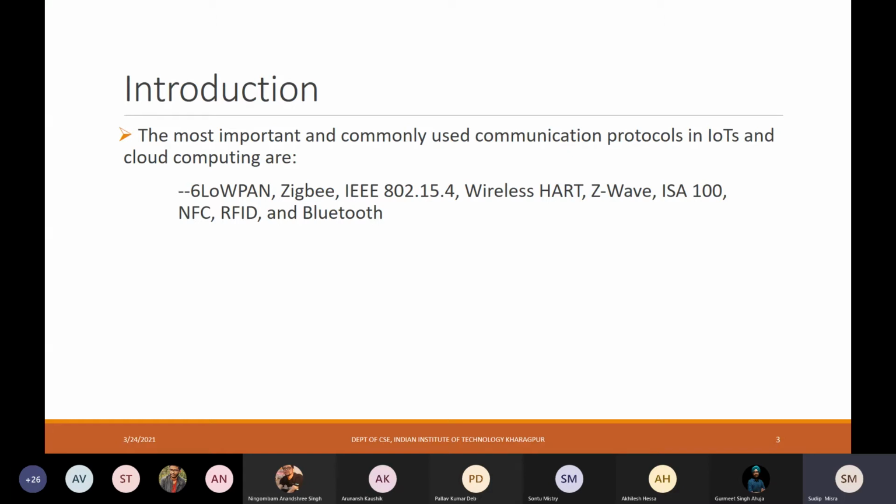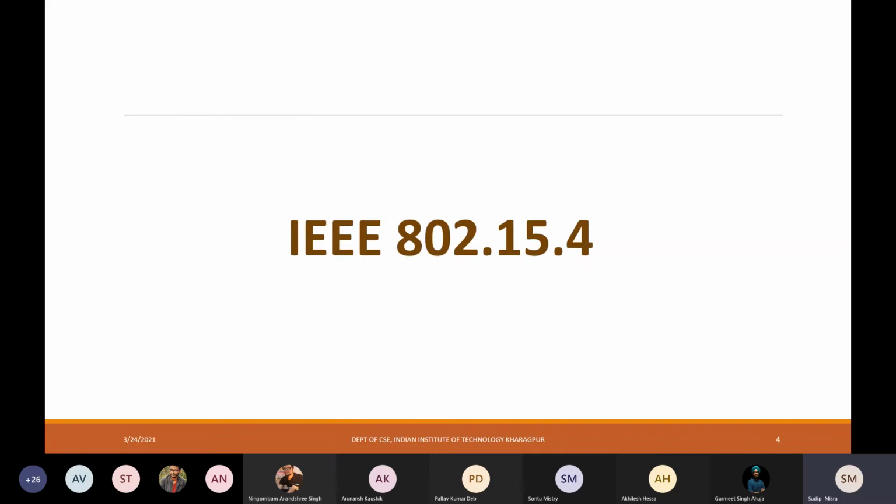Then there are other attractive technologies, for example, WirelessHART, Z-Wave, and ISA100, which is specifically for industries. NFC, RFID, and Bluetooth are also quite commonly used in IoT, and they are relevant in the integration of IoT with cloud computing.